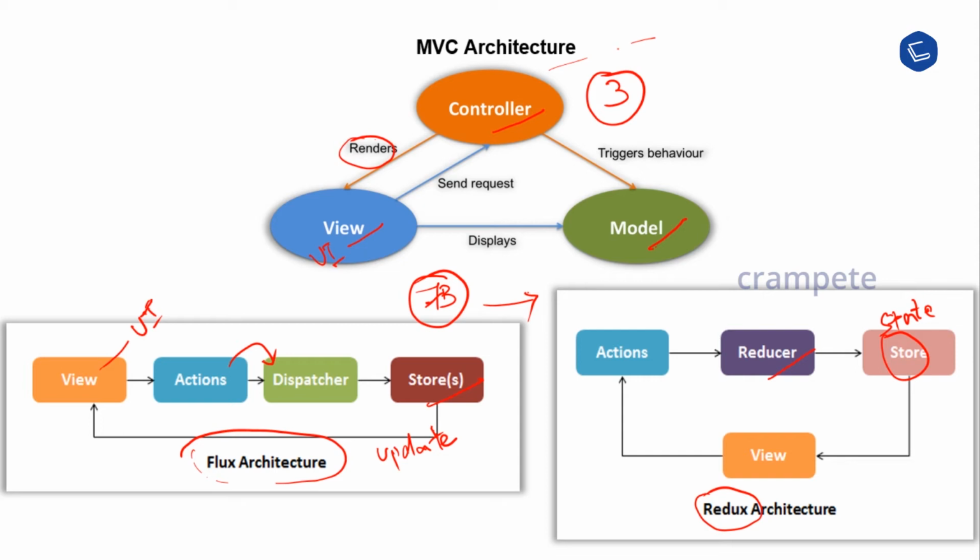In Redux architecture, the application event is denoted as an action. When it is dispatched to the reducer, the pure function, the reducer updates the centralized store with the new data based on the action it receives. Then the store creates a new state and sends the update to the view.